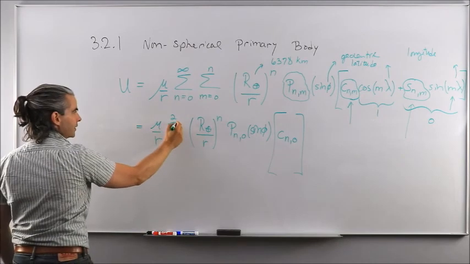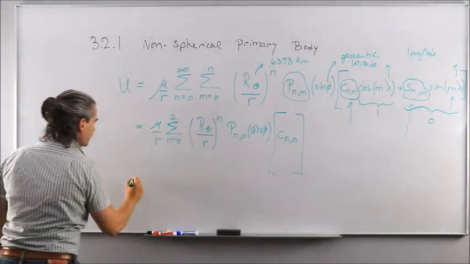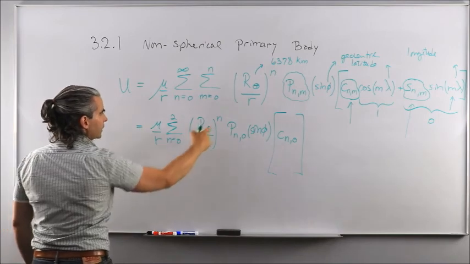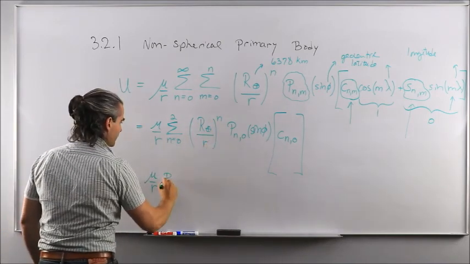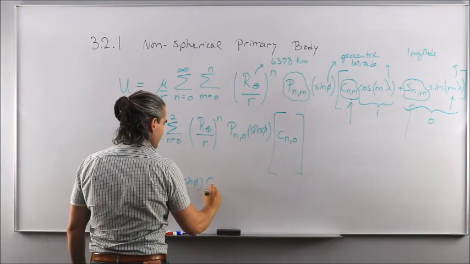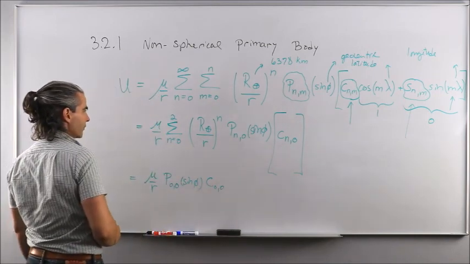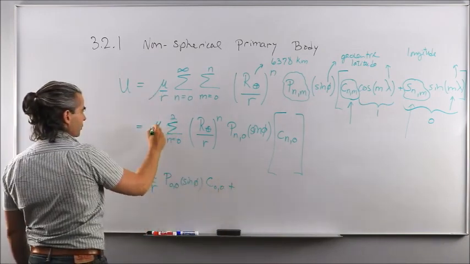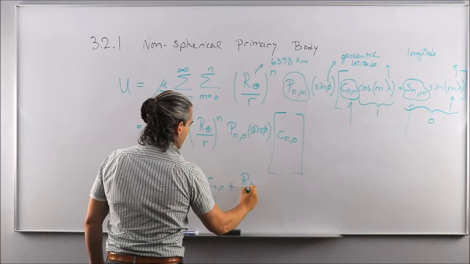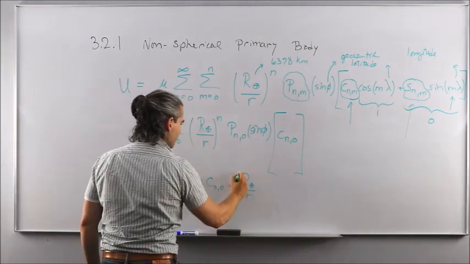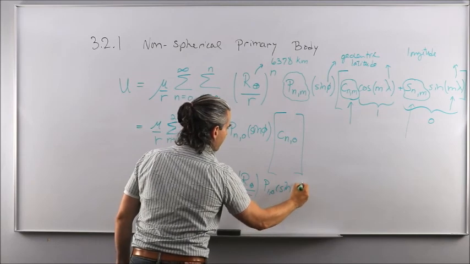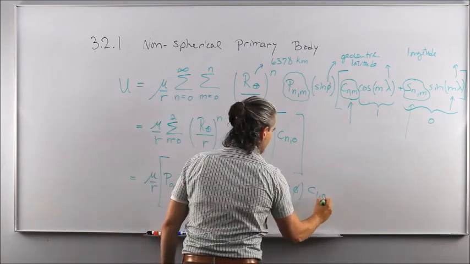Which means that we can expand this summation into 3 different terms and write that whenever n is equal to 0, we get mu over r times 1 times P_0,0 function of sine of our geocentric latitude, times C_0,0, plus, I'm going to leave the mu over r outside, okay, just to simplify my life, plus mean equatorial radius of the Earth over r to the power 1 times P_1,0 function of sine phi times C_1,0.